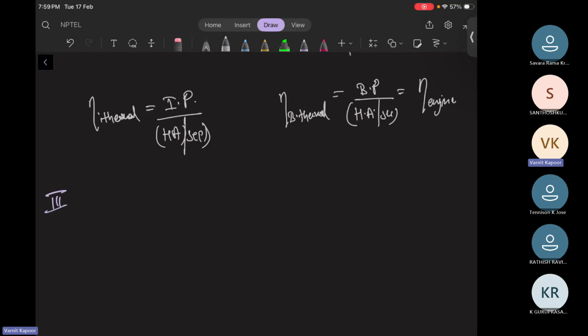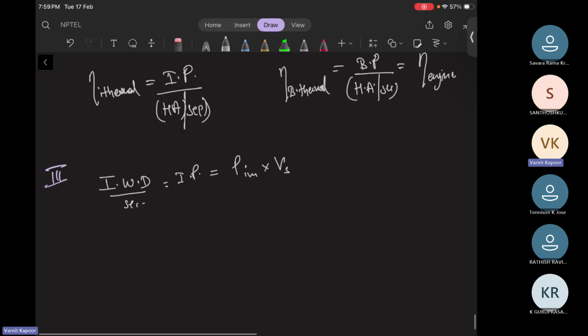So we know that indicated work done per second is your indicated power, and this can be written in terms of mean effective pressure, indicated mean effective pressure into swept volume flow rate. Okay, similarly for brake work done per second is your brake power, and it can be written as brake mean effective pressure into displacement flow rate.